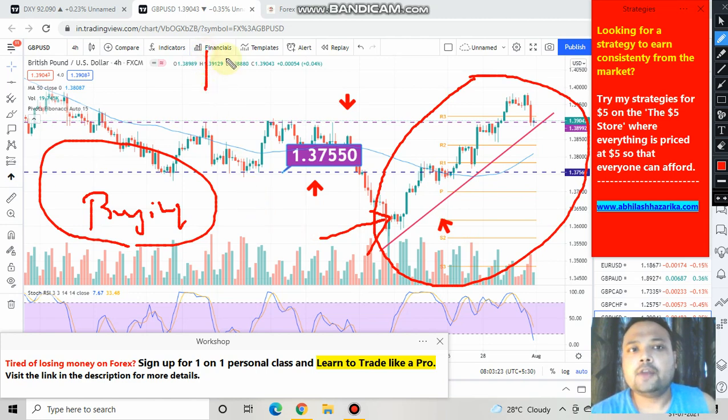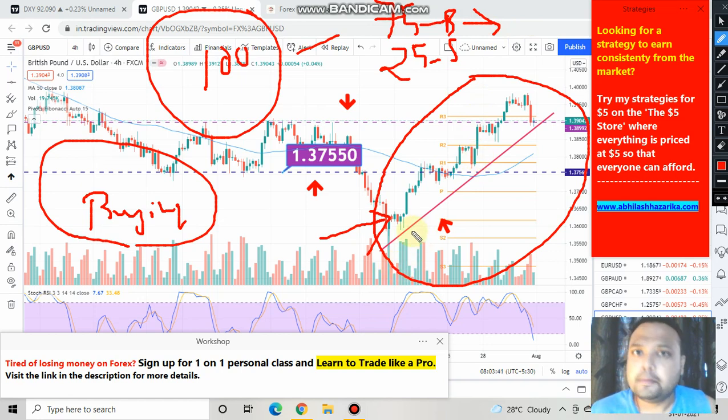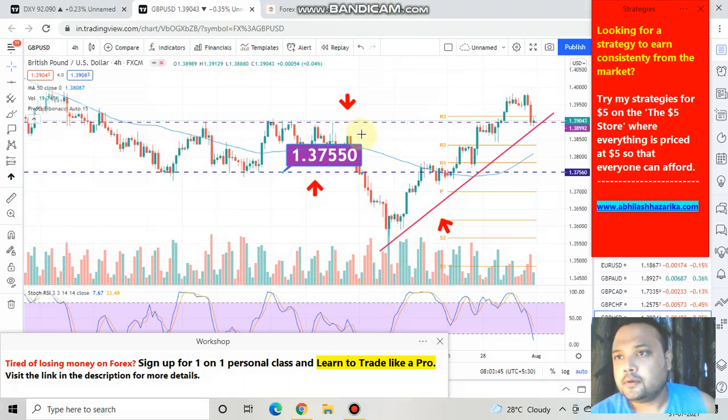If there are 100 traders present here, then out of 100 traders, 75 are buyers and only 25 are sellers. Therefore, it will be wise for us to take the side of the buyers, because this market is being dominated by buyers right now. Clear? So we should mainly look for buying opportunities.